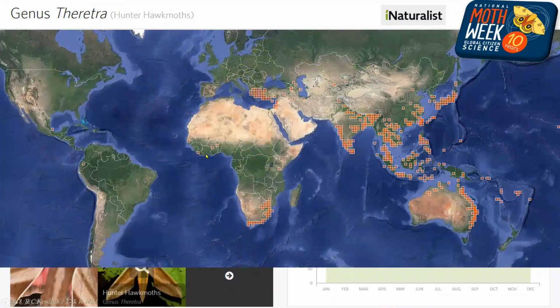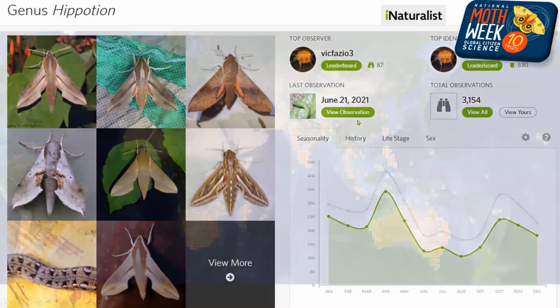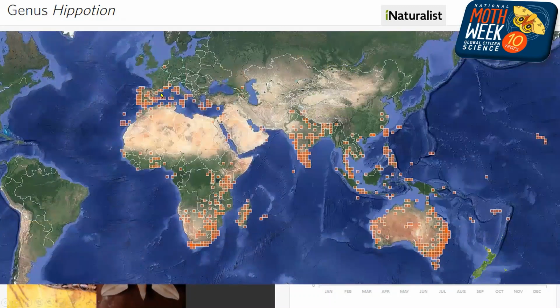But they're Old World. They're in Africa, they're in southwest Europe, they're throughout Asia and down to Australia, as is the sister genus Hippotion, which again looks similar, though they are slightly smaller. Also, same distribution, actually slightly more extensive.